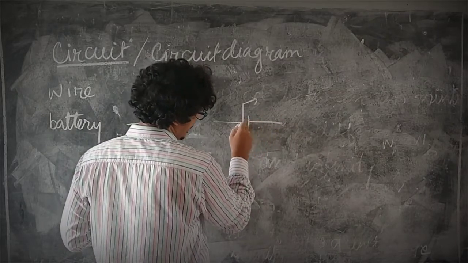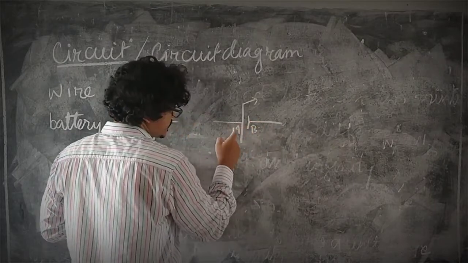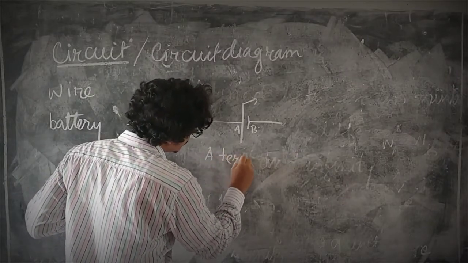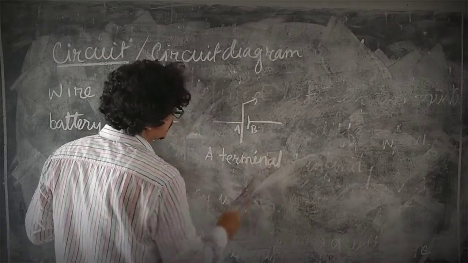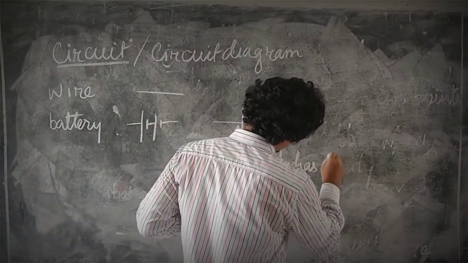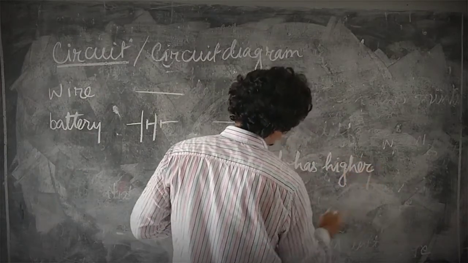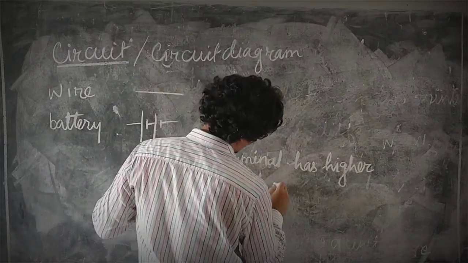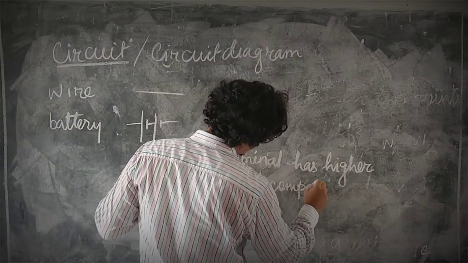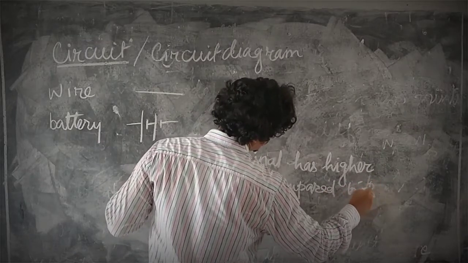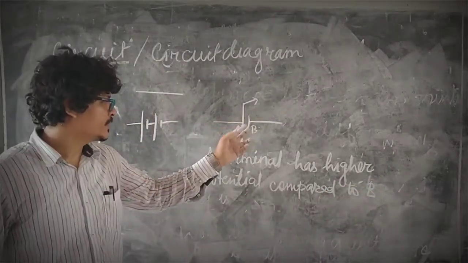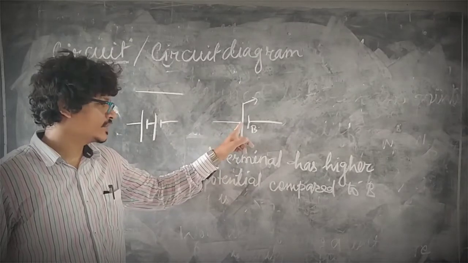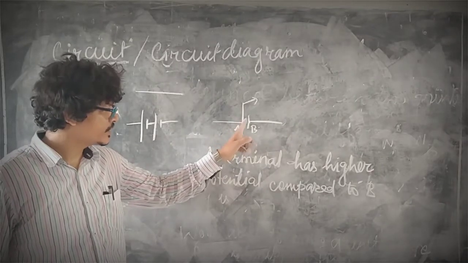Let us name this A and this B. It means terminal A has higher potential compared to B. The terminal with the bigger line is at higher potential compared to the shorter one.